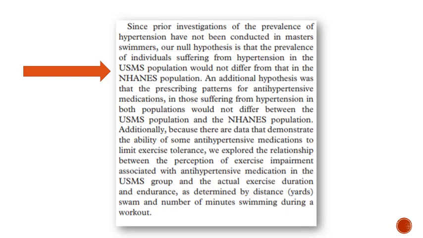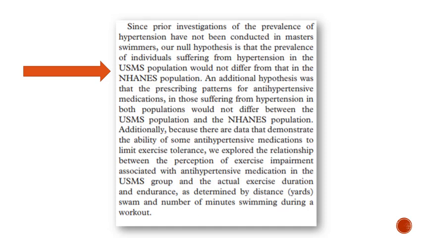So they write, since prior investigations of the prevalence of hypertension has not been conducted in masters swimmers, our null hypothesis is that the prevalence of individuals suffering from hypertension in the USMS population, so the United States masters swimmers, would not differ from that in the NHANES population.